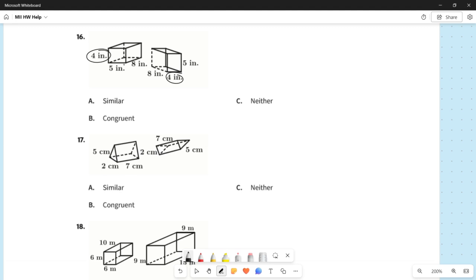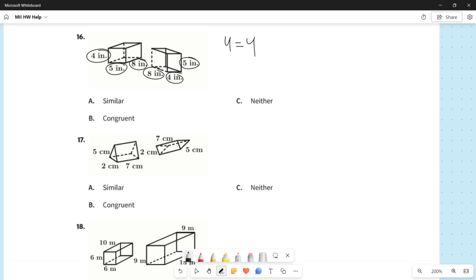So 5 is our width on the left, and now 5 is our height on the right, and then 8 is our depth on the left, and 8 is still our depth. So it actually turns out that these are identical prisms.